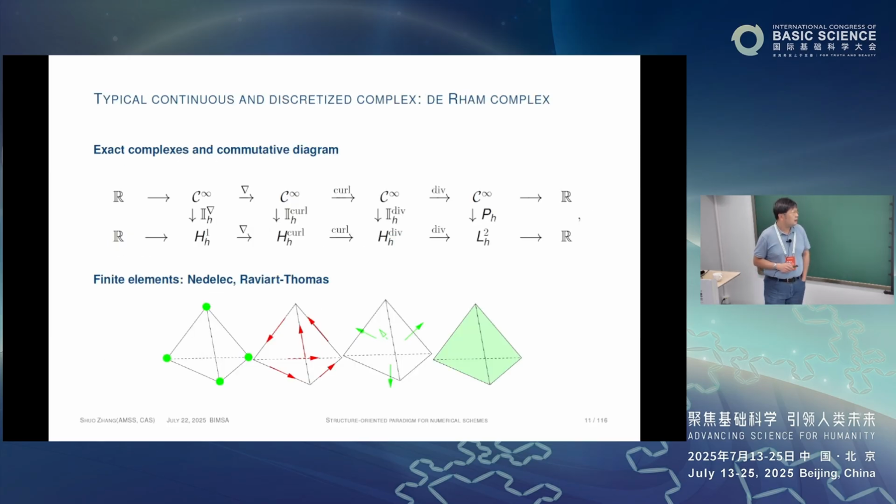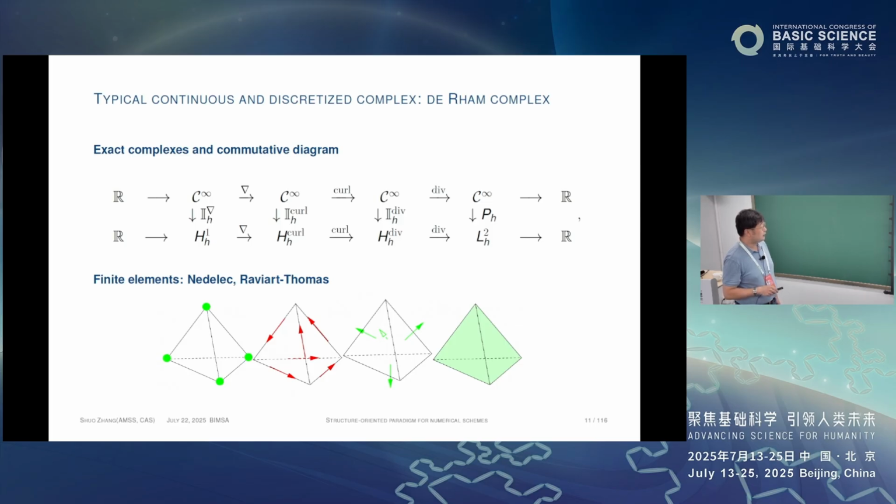I think this is the most famous example in numerical analysis of this continuous and discrete complex, called the de Rham complex. Basically, this is the commutative diagram. This is the space for H1. This is the finite element space for H curl. This is for H div, and this for L2. Then this line is a complex, and if the topology is simple, this is an exact discrete complex.